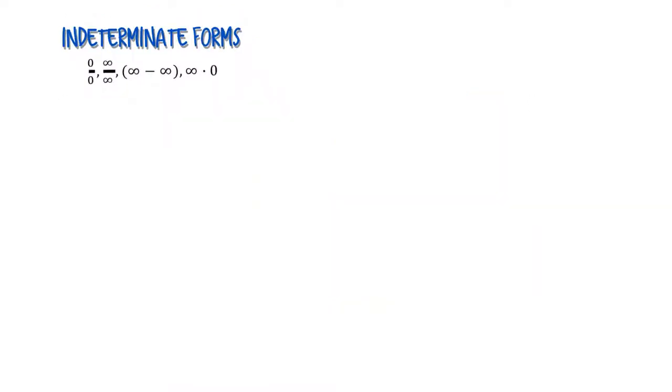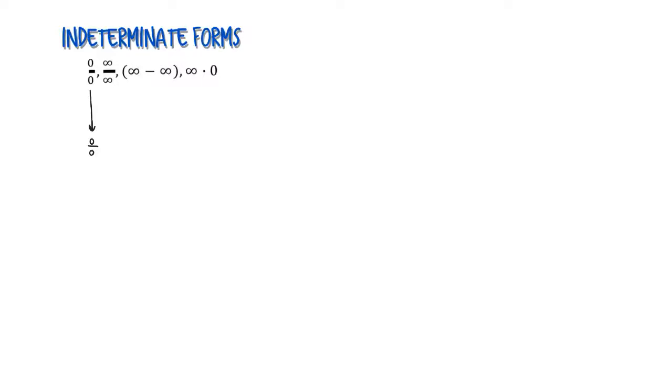Whenever you are trying to evaluate limits, you're going to get the indeterminate forms. And I think that by now we are quite familiar with 0 over 0. So imagine you're given a limit, you take a and you substitute a into the expression, you may get 0 over 0.